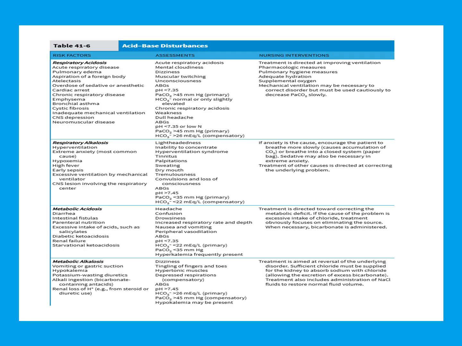At any rate, they're having hyperventilation and an increase in respirations, so we would try to get them to breathe slower. We may have to give some sedation for anxiety, and we treat the underlying causes of those problems.